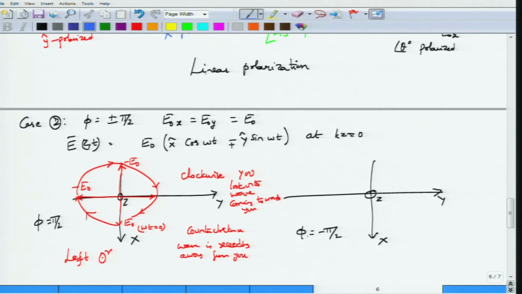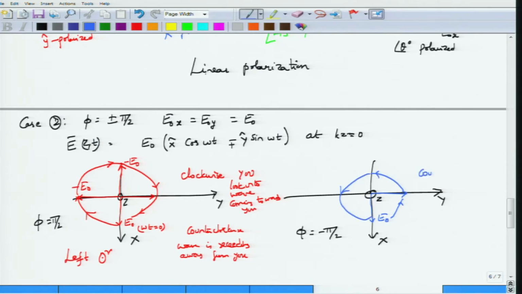What will happen with phi equals minus pi by 2? Clearly for that case you will have a plus sign over here. So as before you would begin with an amplitude E0 along the x axis at omega t equal to 0, and then at omega t equal to pi by 2 the amplitude would have gone to the plus y direction. Therefore this must be rotating in the anti-clockwise or counter-clockwise direction.